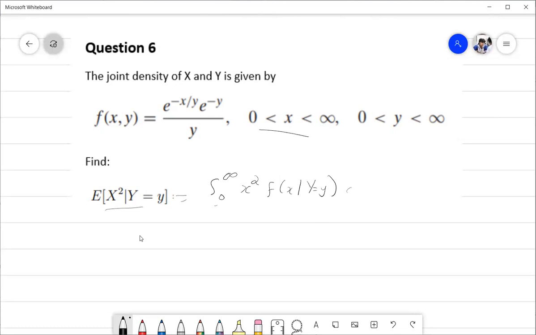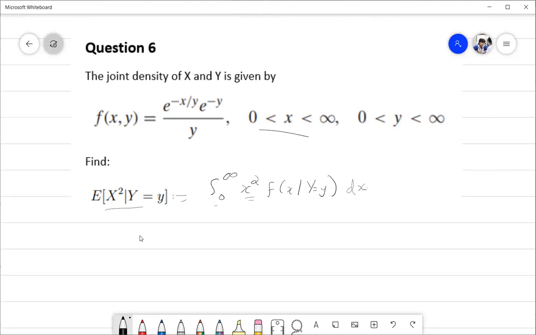And now dx, because we're integrating this with respect to x. One thing you should notice, this will not be x and y, this will be x conditioned y. And another thing is it will not be x square conditioned y, it will be x given y. जो x square part होता है वो हम यहाँ पे इसको cater कर देते हैं.